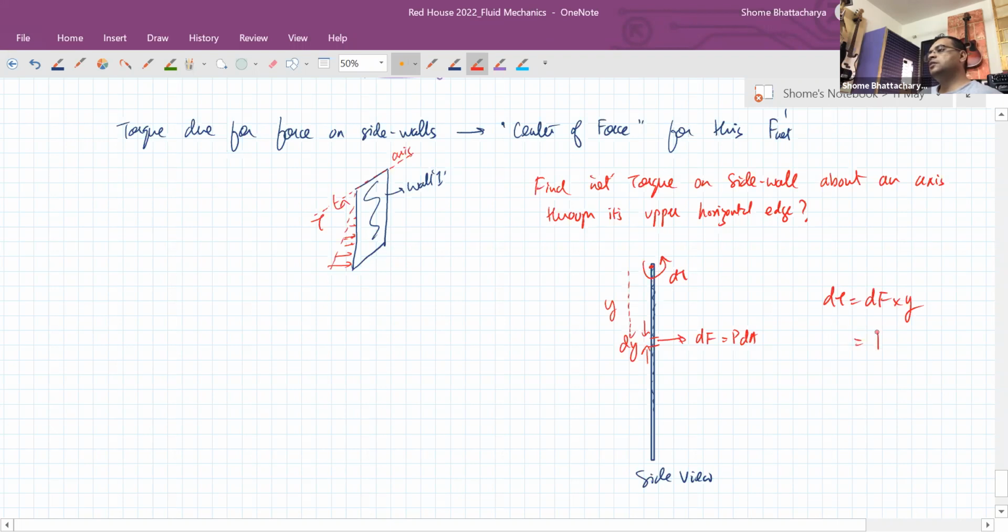So that is pressure into area into moment arm. So that is rho g y into L dy multiplied by this moment arm. So on that differential element, the amount of torque acting is rho g L into y squared dy, about this.